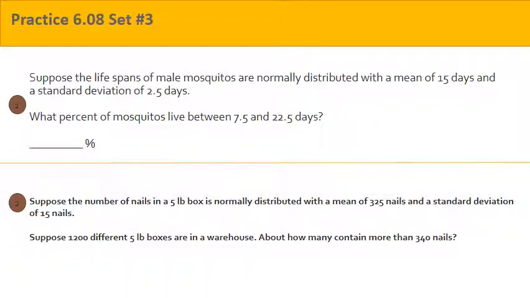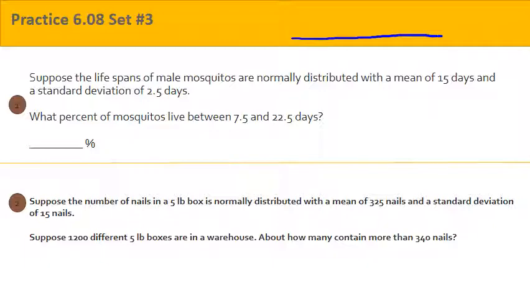All right, so let's take a look at set number 3. So suppose the lifespans of male mosquitoes are normally distributed with a mean of 15, standard deviation of 2.5. What percent of mosquitoes live between 7.5 and 22.5?